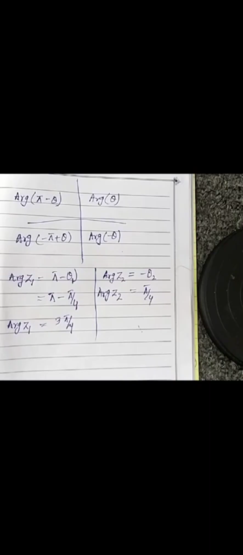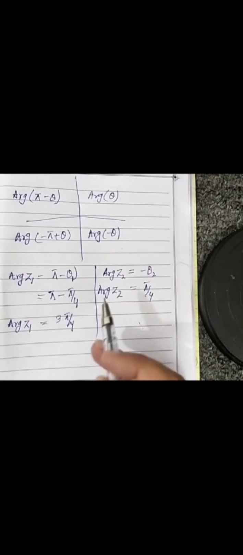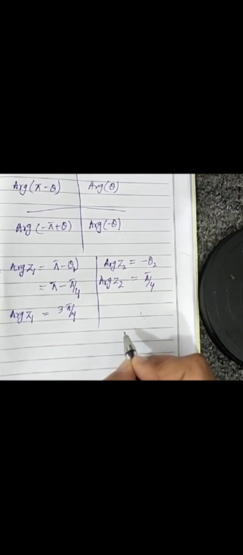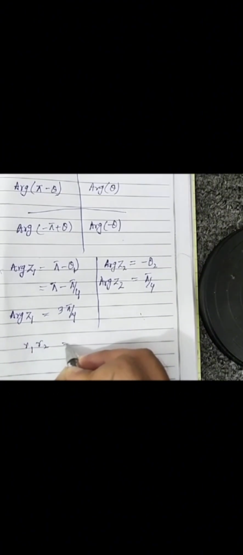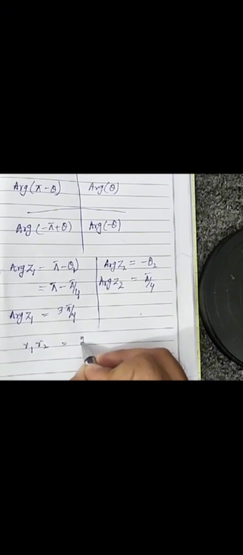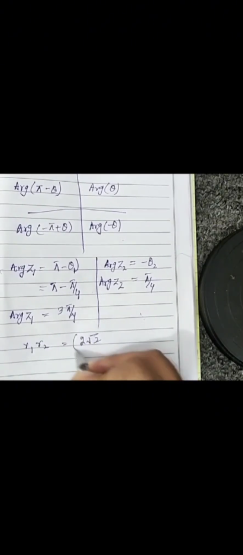Now we multiply r1 and r2. r1 is 2 under root 2 and r2 is under root 2. So we are left with 4 for r1 r2.